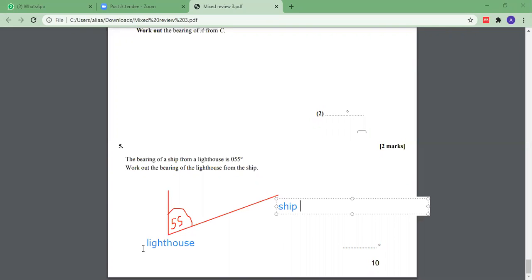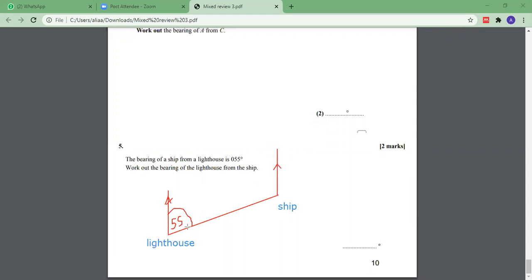I mean the bearing from the lighthouse to the ship is 55. But what about the bearing from the ship? From the ship. First of all, these two lines are parallel. Okay, both of them are north, so both of them are parallel.